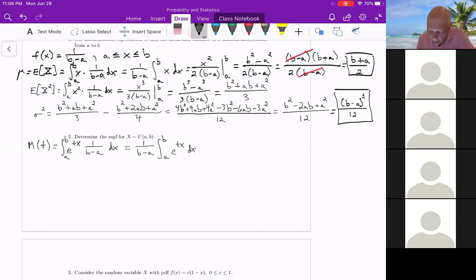So this is going to be 1 over b minus a times the integral, which is 1 over t e to the tx, evaluating x from a to b. I'll emphasize that by writing x equals a up to b.